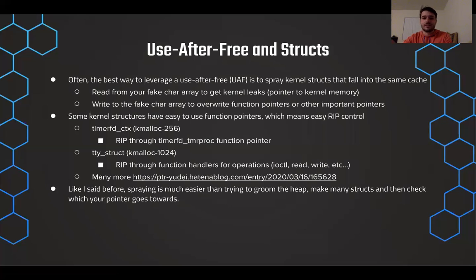So if you get an overlap with a character array with your TTY struct, not only do you have these function pointers for reading and writing, but you know the arguments that are getting passed to them, because you're calling these reading or writing on this TTY from user space. Generally, you can just create TTYs through this thing called dev ptmx and then just read or write to them. So that's why this TTY struct is a very common thing to exploit.